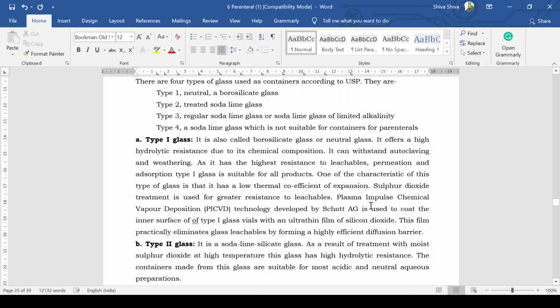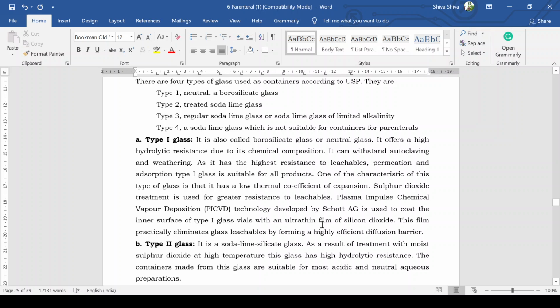Plasma impulse chemical vapor deposition, that is PICVD, technology developed by Schott AG, is used to coat the inner surface of type 1 glass vials with an ultra-thin film of silicon dioxide.